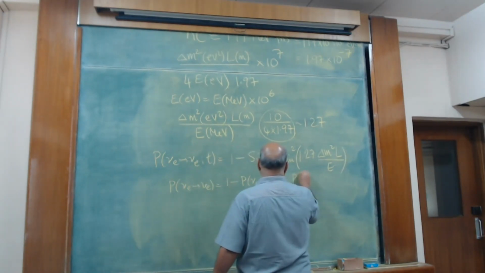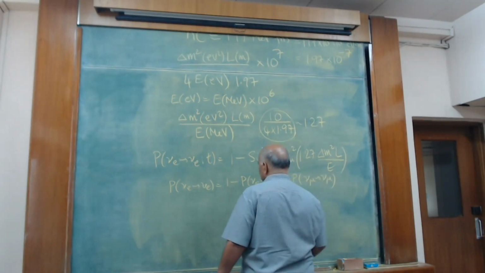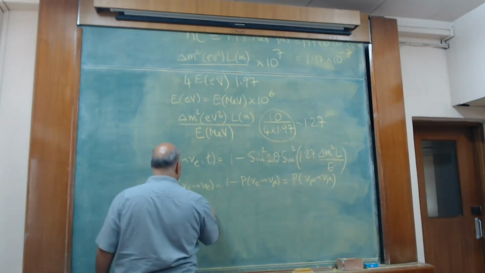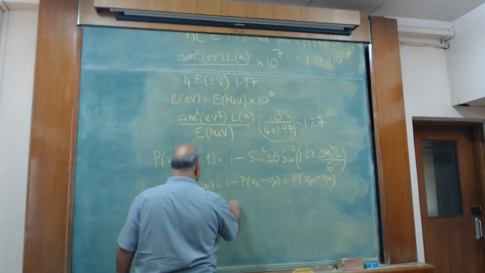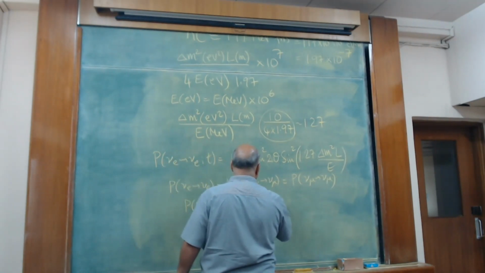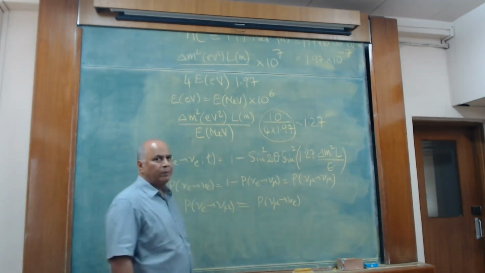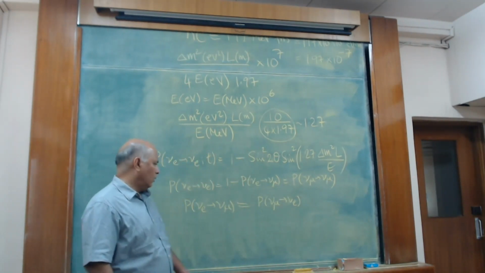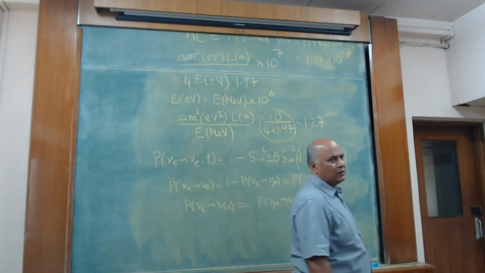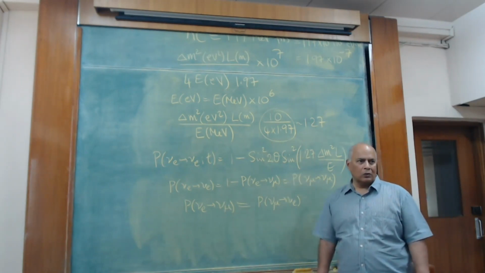This is also equal to P mu mu to mu mu. And we also find P mu e to mu mu is equal to P mu mu to mu e. But you will see that when we go to three-flavor oscillations, these relations are no longer true.